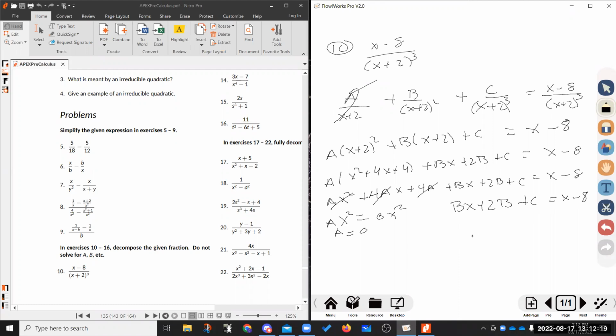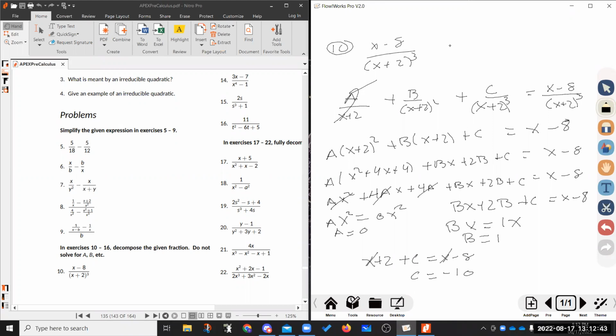So now my only part that has an x, there's one x over here, so B has to be 1. If B is 1, then I have x plus 2 plus C is equal to x minus 8. C is going to be equal to negative 10.